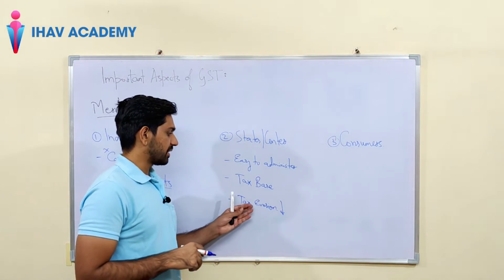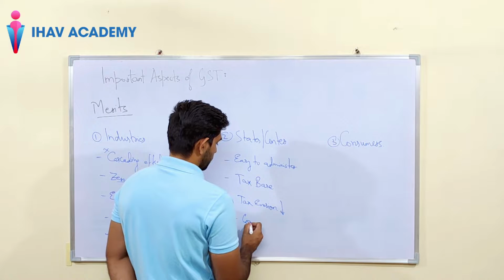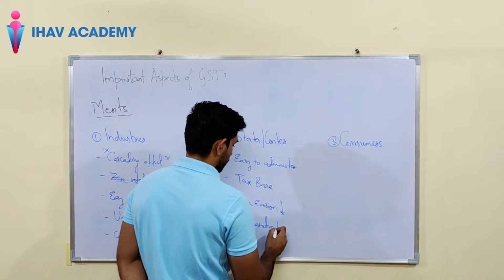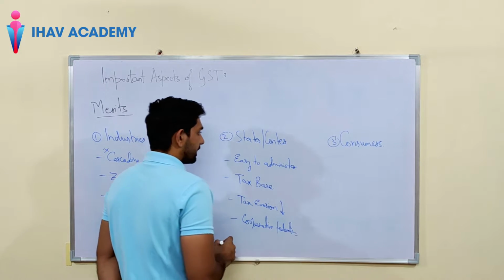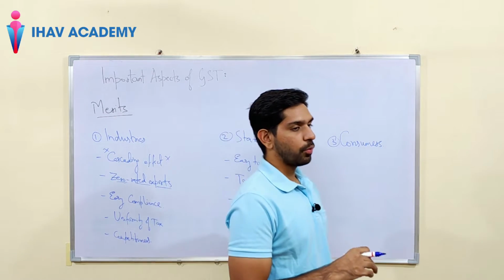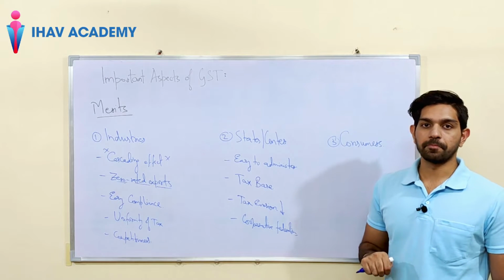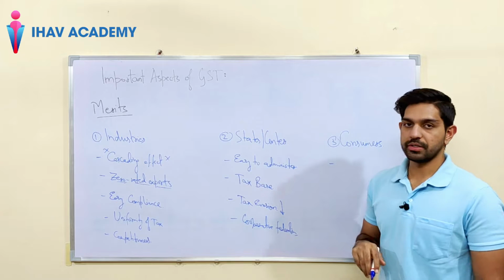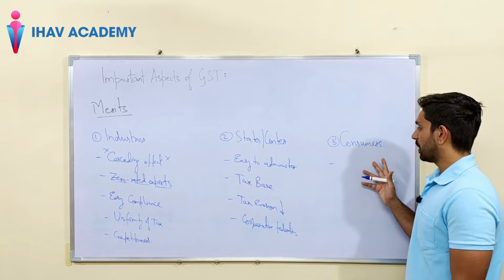So tax evasion कम हो चुका है. Then the most important thing is the implementation of GST is itself an example of a political term, that is cooperative federalism.